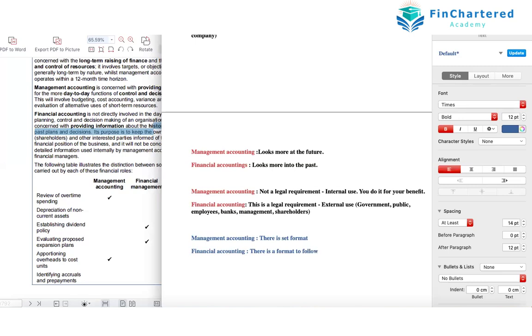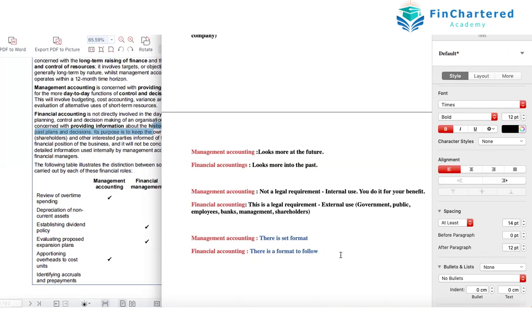That is, when you prepare financial statements, I'm sure all of you have done basic preparing of financial statements in school, in college, somewhere you would have seen, maybe in the FA paper. But there is a specific format to follow. You cannot do it as you want, as you wish. Right? So these are broadly the main differences between management accounting and financial accounting.